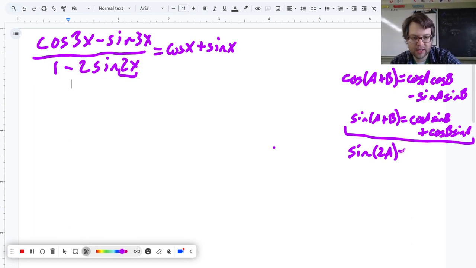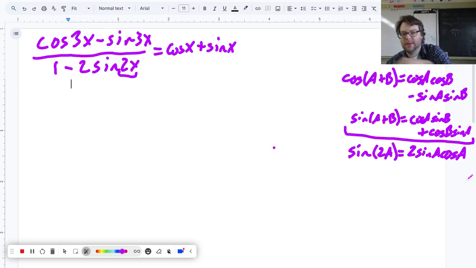Sine of 2a is the same as 2 sine a cosine a. I looked down at my textbook here and they had it written down wrong, but I know that it has to be this, because if you look at the formula that we just wrote with a's and b's, if you make the a's and b's the same letter, you have 2 sine a and cosine a.